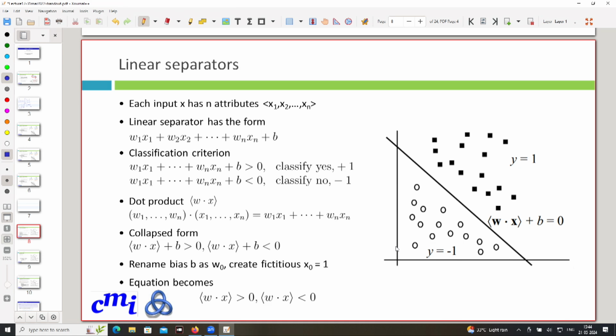So x would be the coordinates of a vector, and this will define a hyperplane. Our goal is to figure out the values for w and b given the training data set, so that the hyperplane we figure out separates the positive and the negative data points.